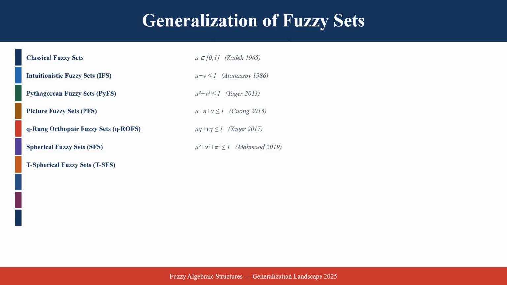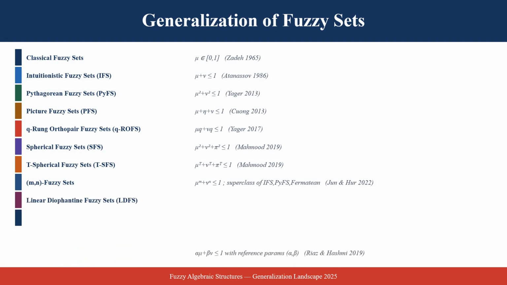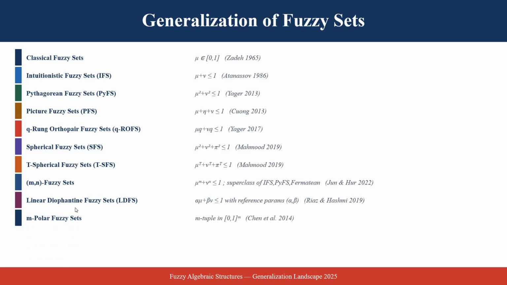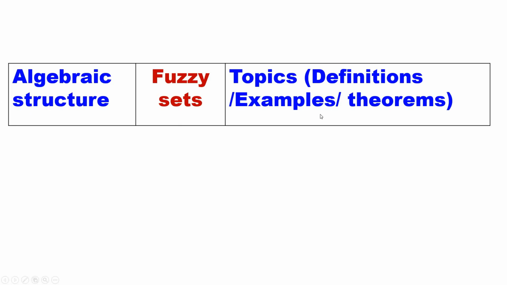What is the framework? Only for that we have this video. Then T-spherical fuzzy sets with this condition, MN fuzzy sets with this condition, linear Diophantine with this condition, M-polar fuzzy sets with this condition. So with all this, you can proceed, and now you can understand what this simple framework for your research in fuzzy algebraic structures means.